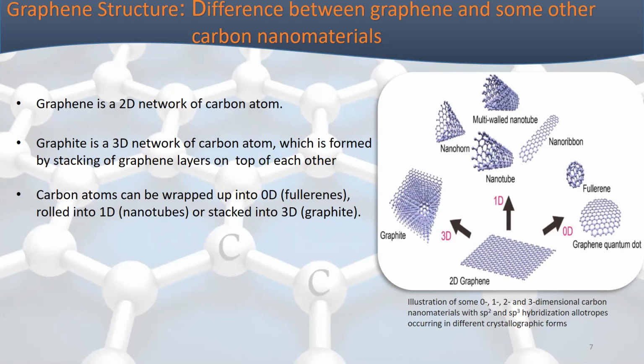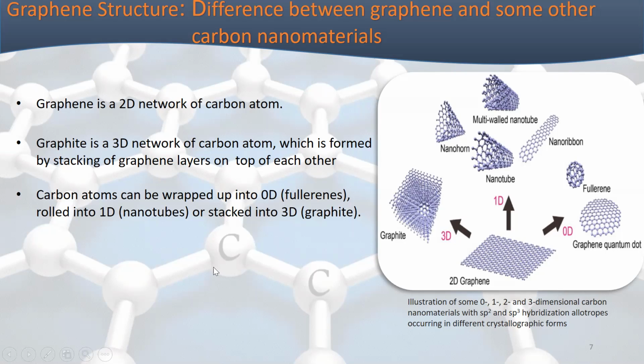It is a basic building block for graphitic materials of all other dimensionalities. It can be wrapped up into 0D like fullerenes, rolled into 1D like carbon nanotubes, or stacked into 3D like graphite.